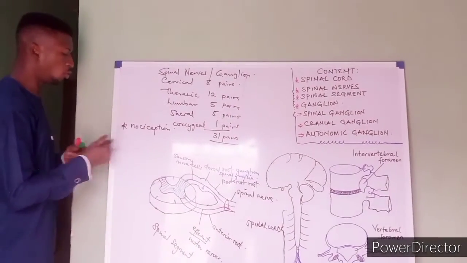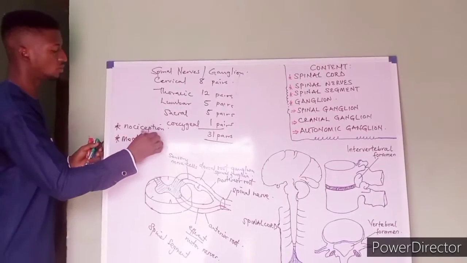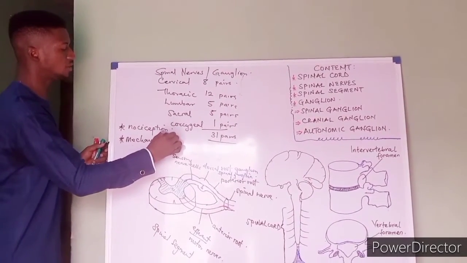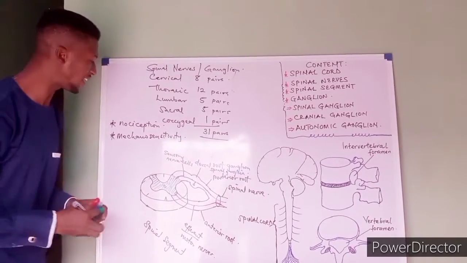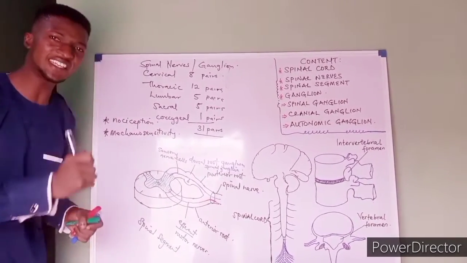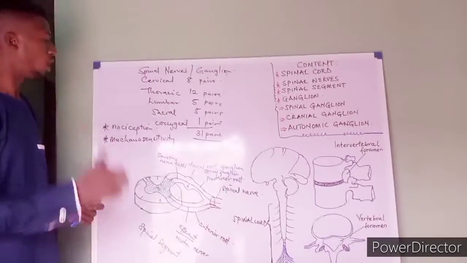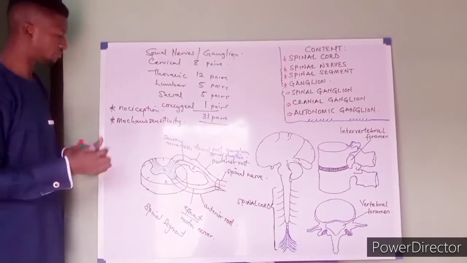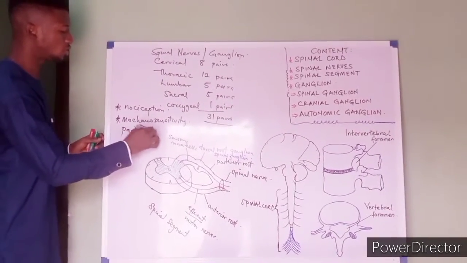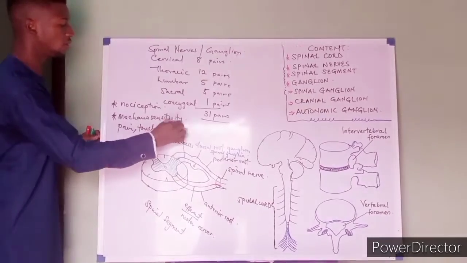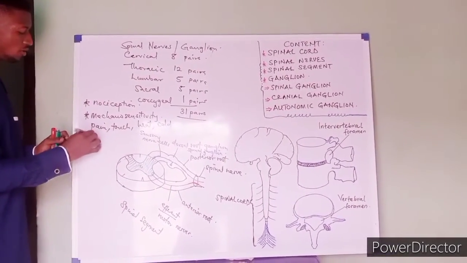Aside from nociception, we have what we refer to as mechanosensitivity. What is the meaning of mechanosensitivity? It is the transmission of mechanical and sensory stimuli. For example, you can have pain, touch, heat, cold, and pressure.